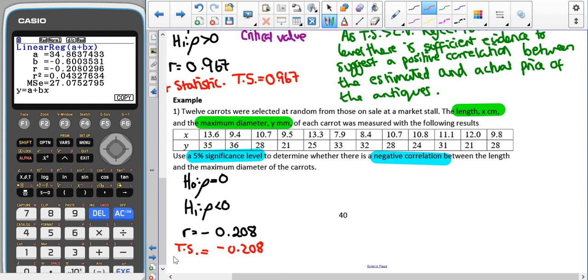What the modulus lines look like is just two straight down lines that go either side of the words test statistic. And what that means is that we're just looking at the size of the test statistic, not the sign of the test statistic. So instead of minus 0.208, we'll just have 0.208. And that makes my comparison later on much simpler.